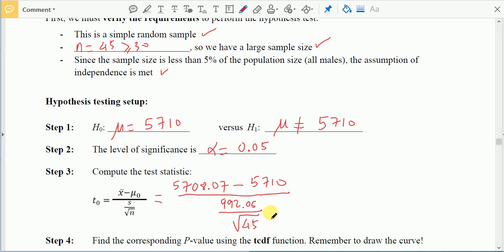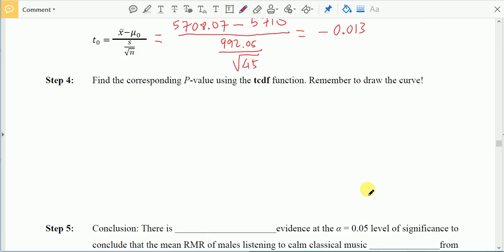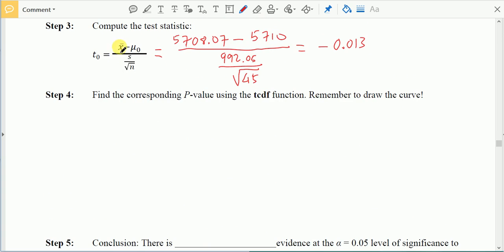If you plug that into any TI calculator, you should get minus 0.013.